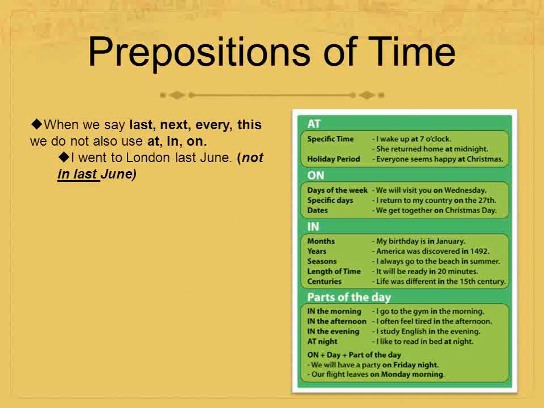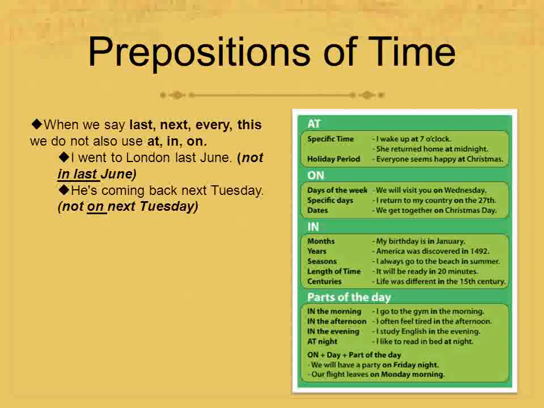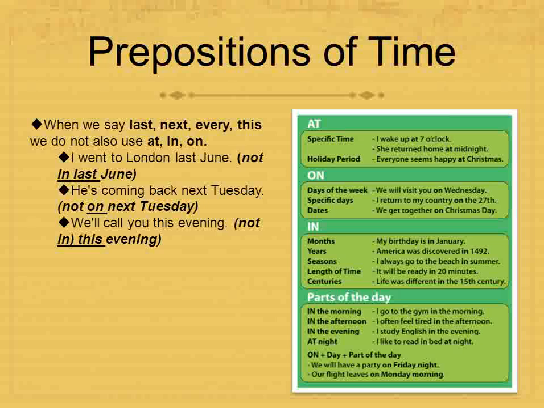So we would not say in last June. We would just use one preposition. So I went to London last June. He is coming back next Tuesday. So again, here we wouldn't say on next Tuesday. Forget the on, just keep next. And the last one, we'll call you this evening, not we'll call you in this evening.